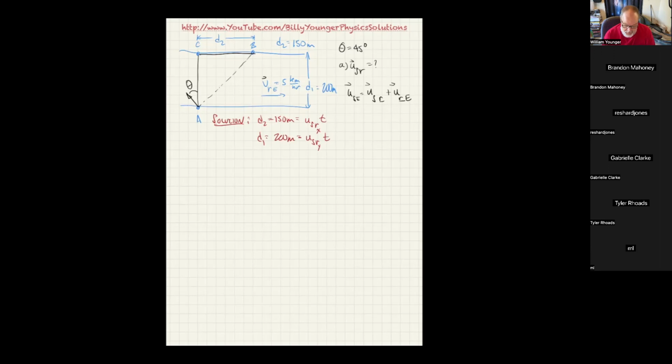Okay, so you can look at it this way. You can say, all right, 150 meters equals USR sub X times T, and 200 meters equals USR sub Y times T. This will be equation 1, and this will be equation 2. I'll take 2 and divide it by 1.